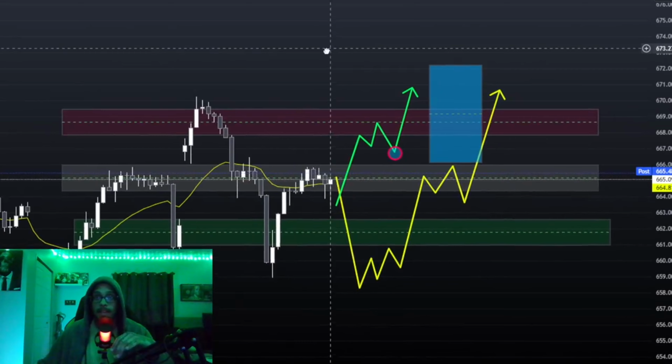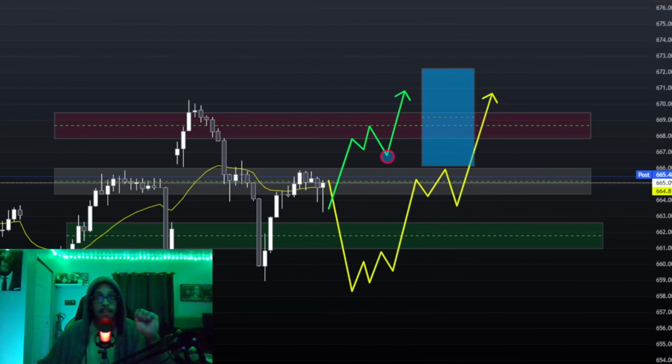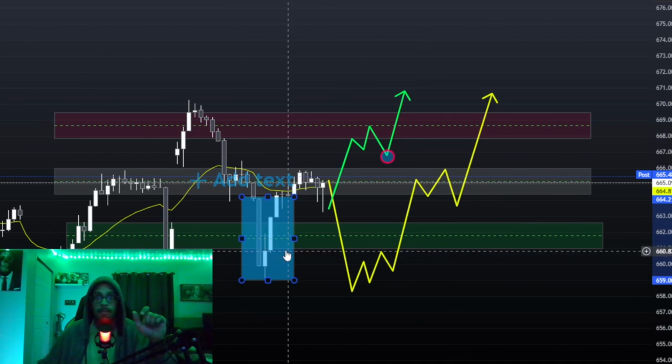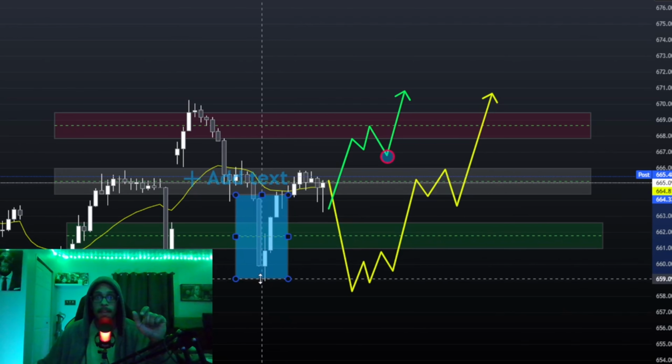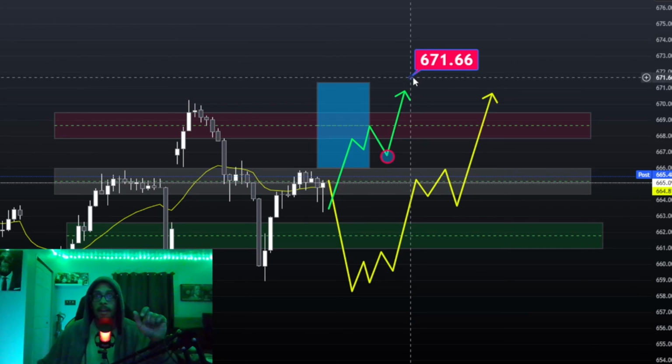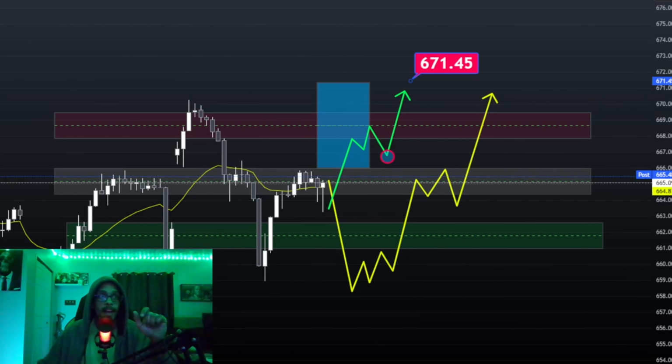So with that being the second scenario, okay, the third scenario is that right now the distance above should be represented by something very similar to this, okay? Now this is going to be the distance we're looking for. Then we should see some rejection somewhere right around this level of 671.5, okay?